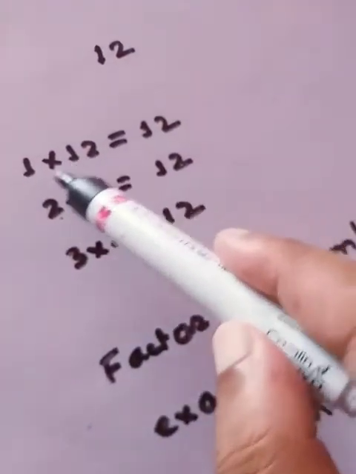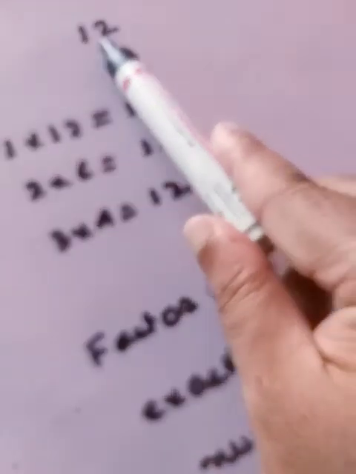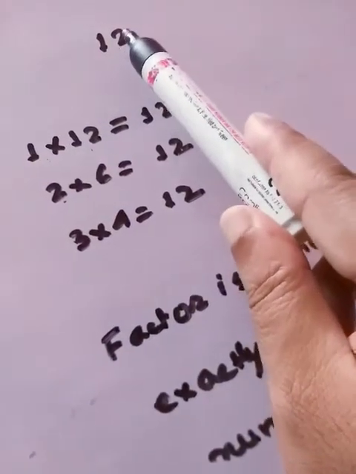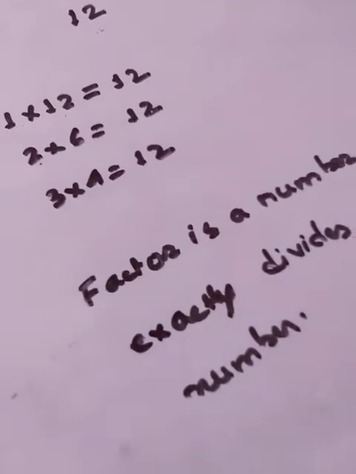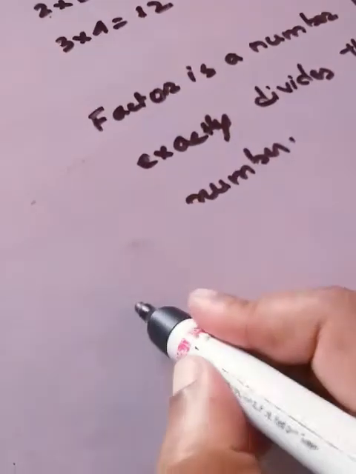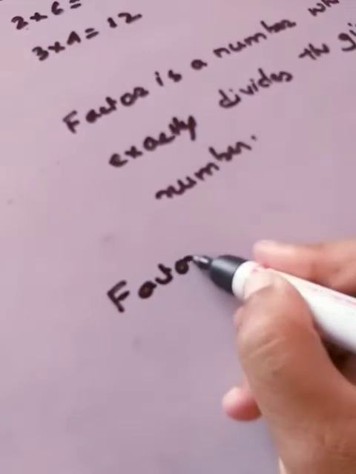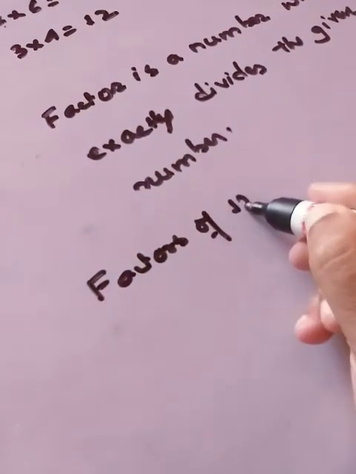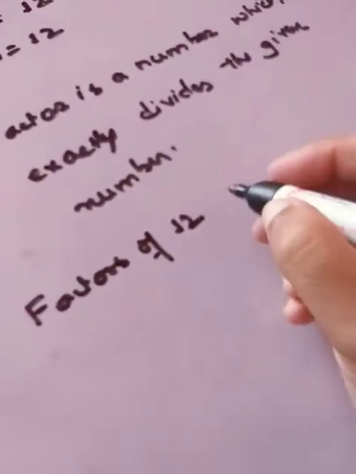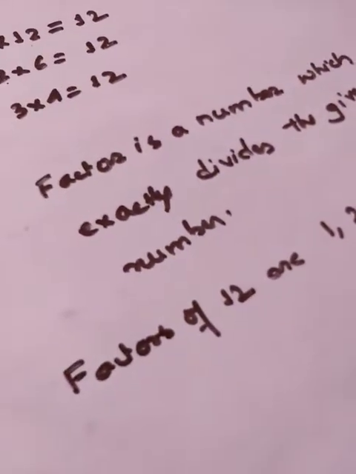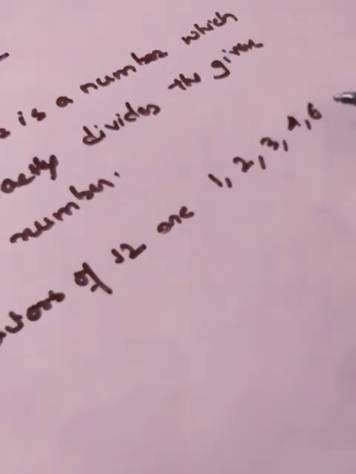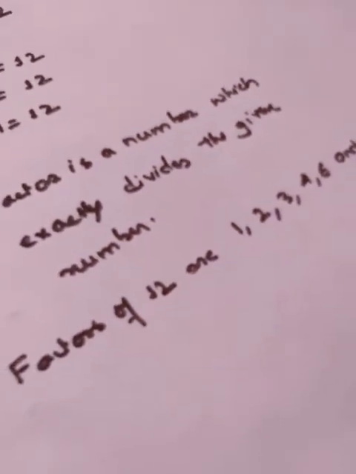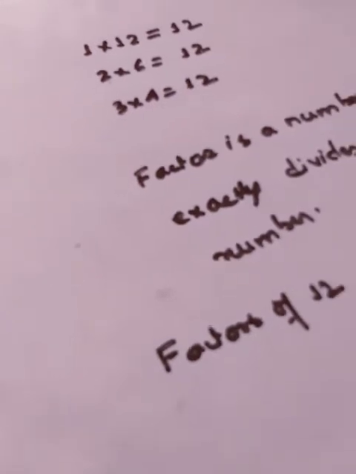Now these are all the numbers which divide this given number, and when you divide you will get the remainder as 0. So you can write factors of 12 are 1, 2, 3, 4, 6 and 12. Understood?